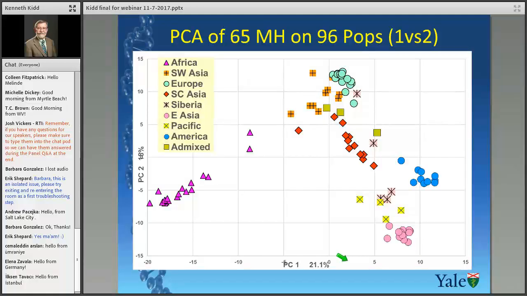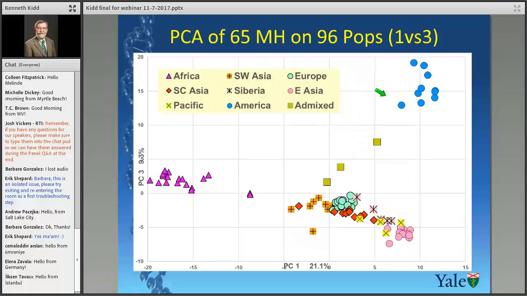The PCA also shows divisions of geographic regions, and clearly the most distinguished on 1 versus 2 are the Africans, and here the East Asians. The Native Americans are separated. Here are South Asians, and here are Europeans and Southwest Asians.